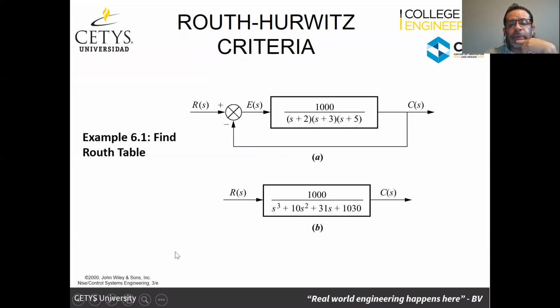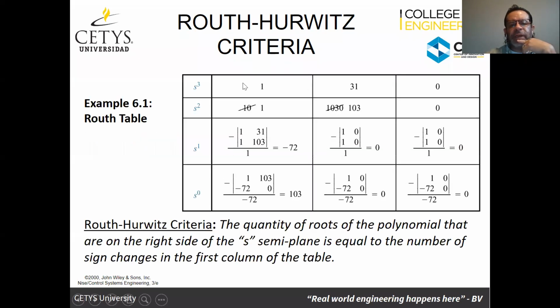And we had seen an example where we had this closed loop system. We found the transfer function. We took the characteristic equation, which is the equation of the denominator. We did the Routh table and the Routh tabulation. Looked at the first column.